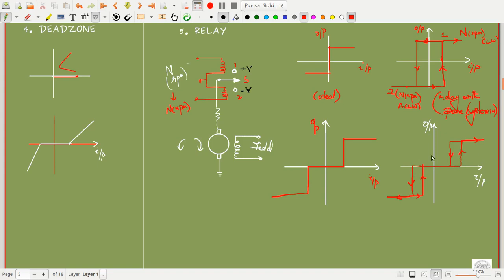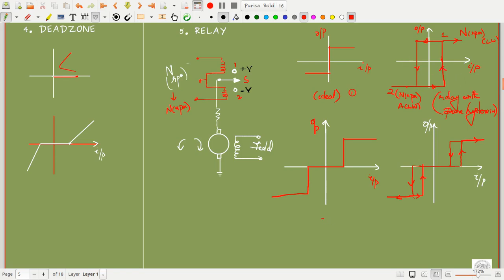If we look at the characteristics of the system, we study the forward and the backward characteristics and see how it works. We can see that graph 1 is a relay with ideal characteristics. Graph 2 is a relay with pure hysteresis, only hysteresis. There is no dead zone in the system.